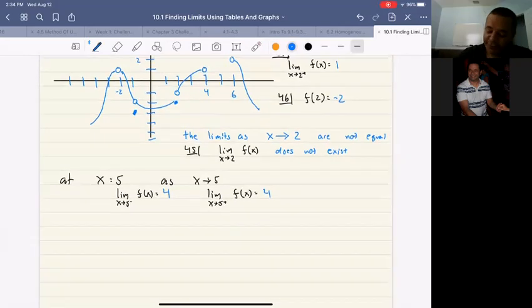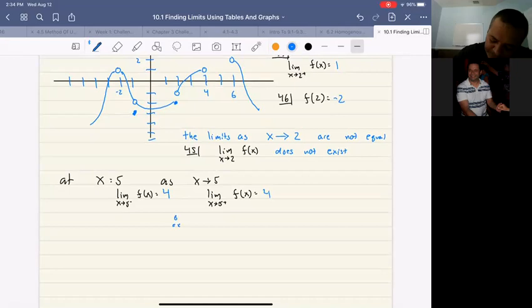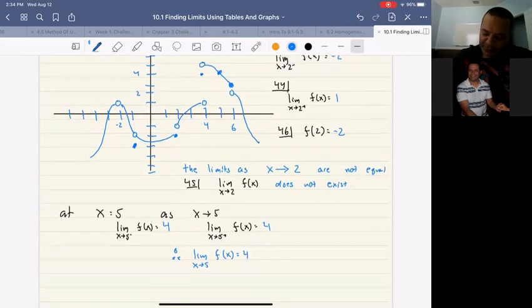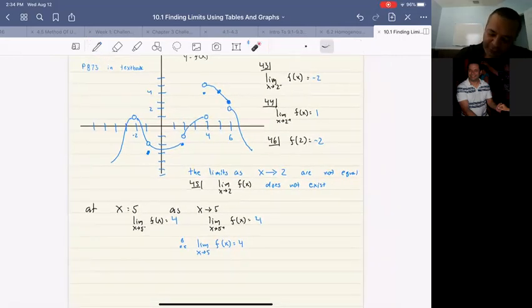Therefore, since they are the same, the limit as x approaches 5 of f of x equals 4. On top of that, at 5, f of x is given by this closed dot. So f of 5 equals 4.